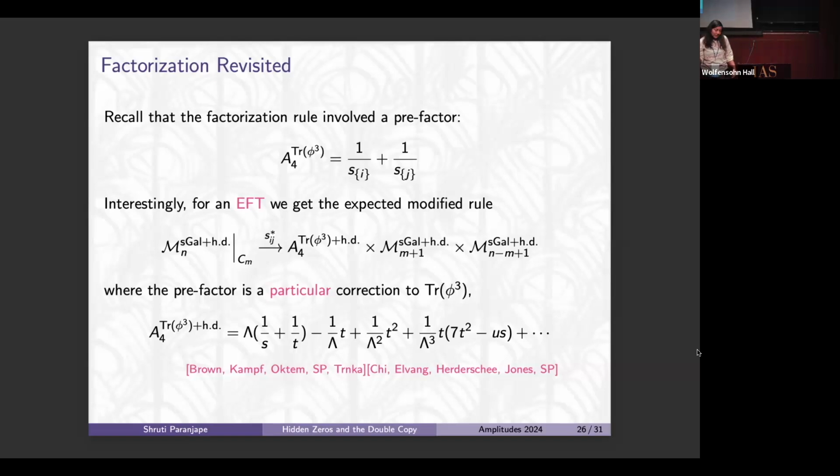And anyone who sees this and figures out what is special about these particular ones, please come talk to me later. But for now, it is this, and you can check that it's the same prefactor no matter what high derivative corrections I've added to my theory. And this also works for the single copy. It's always this particular set of corrections.